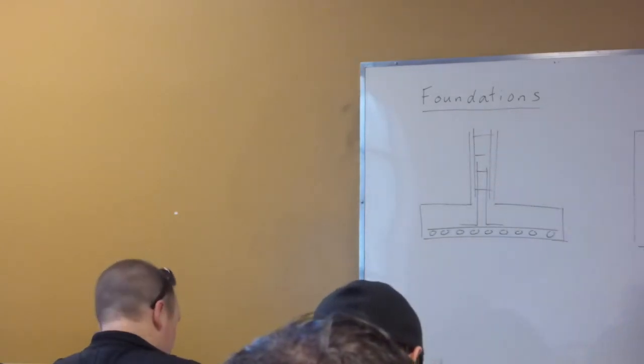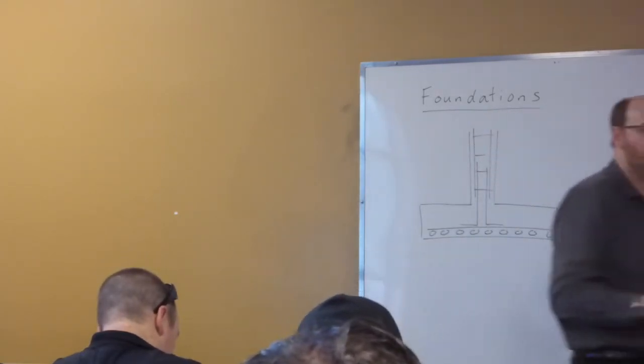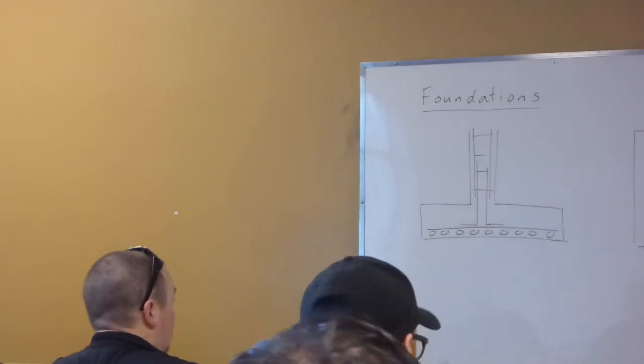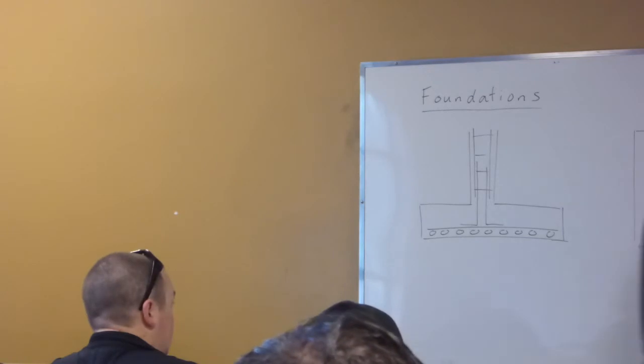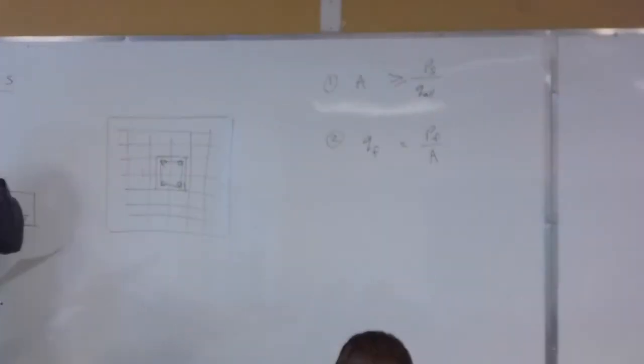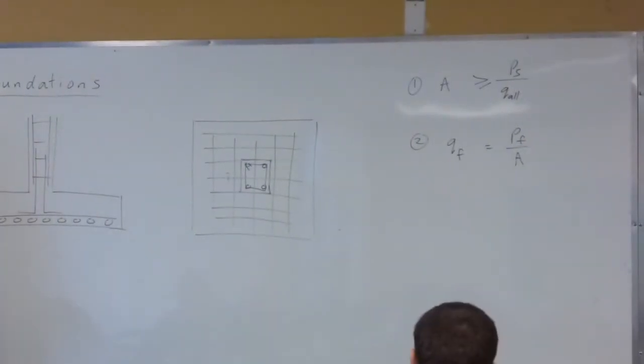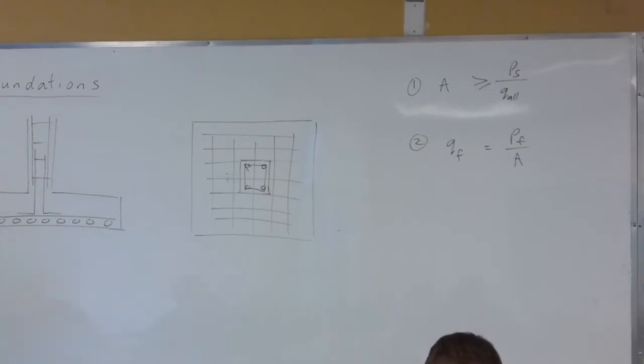And from there, we will calculate a factored soil-bearing pressure by taking our PF and dividing by area. Right, we need our QF when we do our strength design calculations. So we're going to be calculating shears and moments essentially.